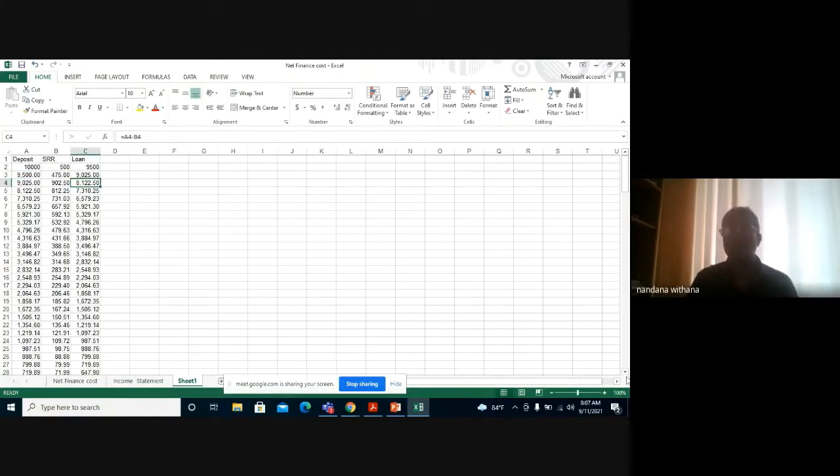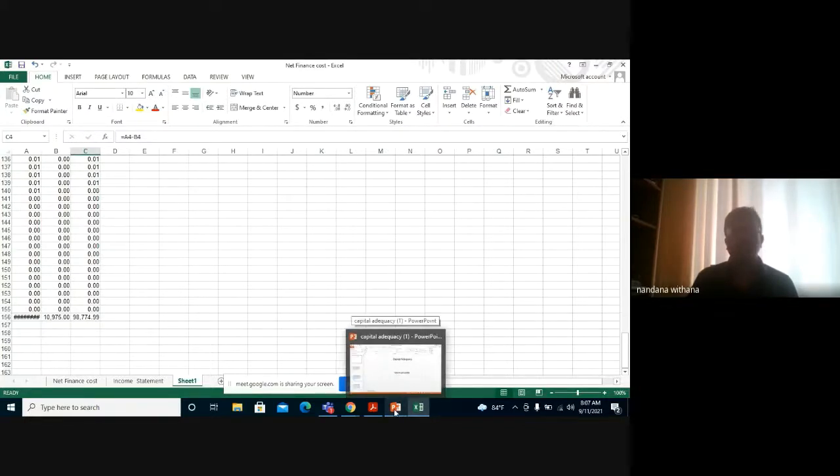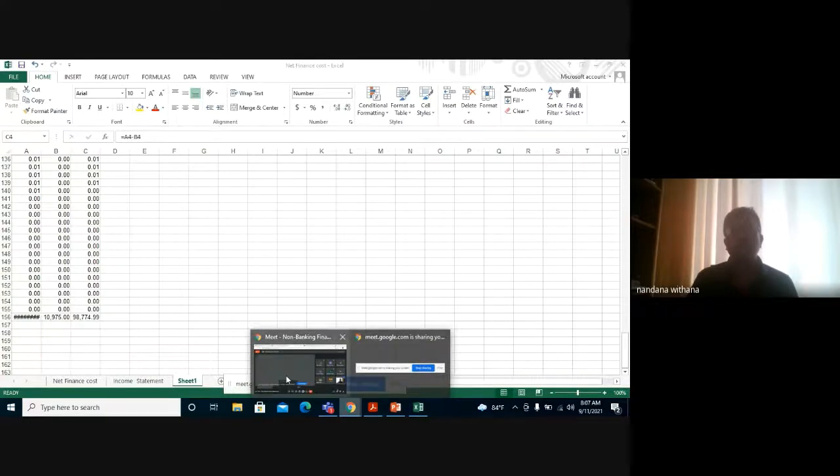So you can change the whole formula. And you can increase money creation by reducing the statutory reserve. Okay, there's something wrong with my Excel sheet. Now this is the process banks are doing.